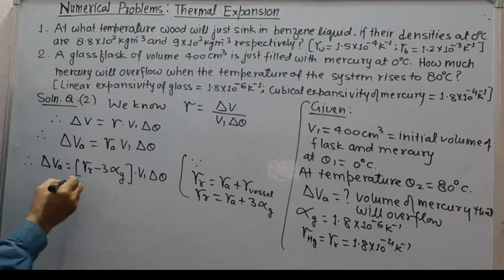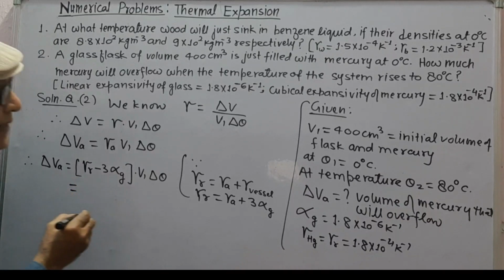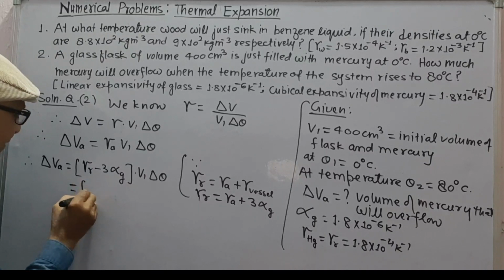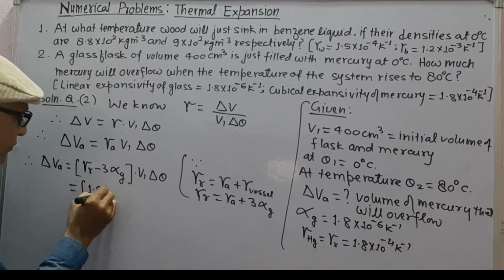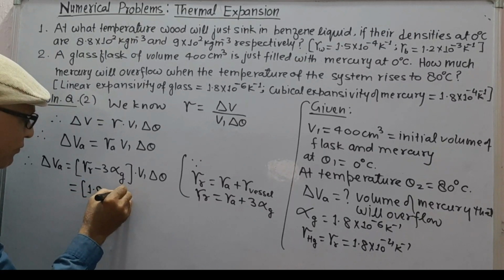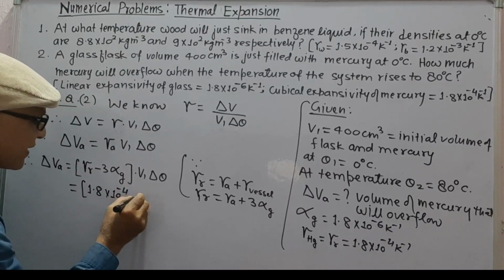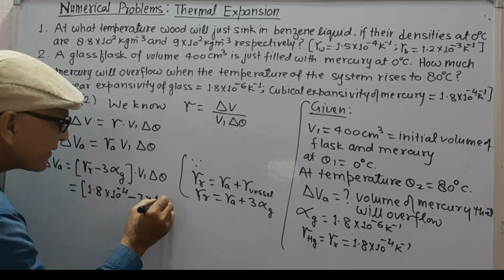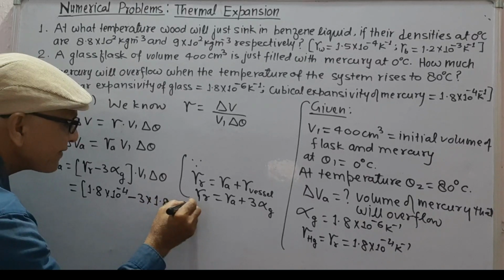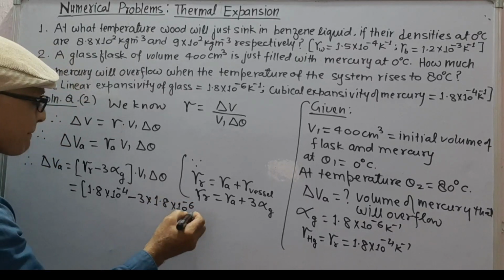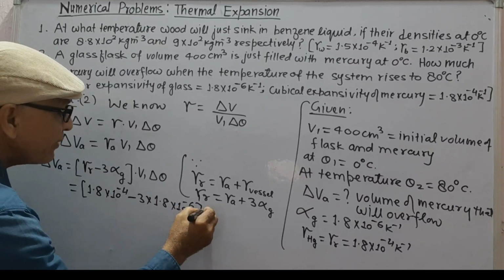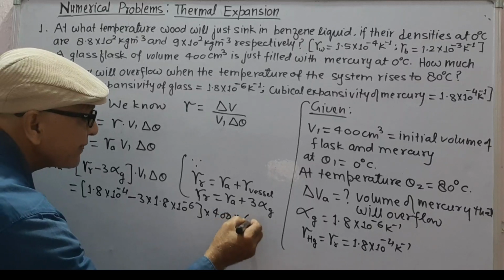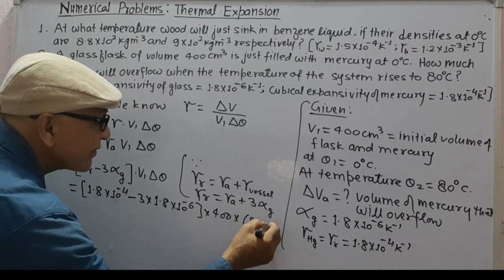Now values are known. Gamma real is 1.8 into 10 to minus 4, minus 3 alpha glass, which is 1.8 into 10 to minus 6, and V1 is 400, and delta theta is 80 minus 0.